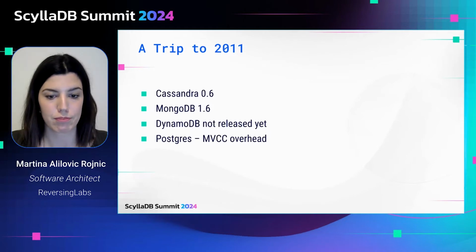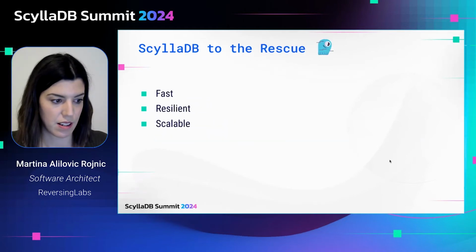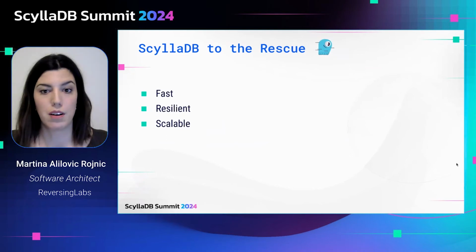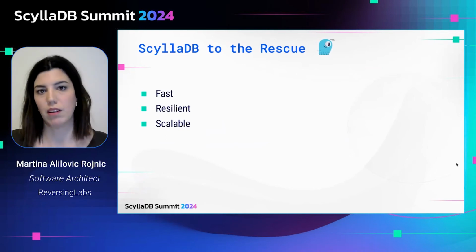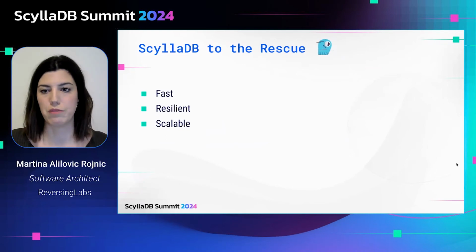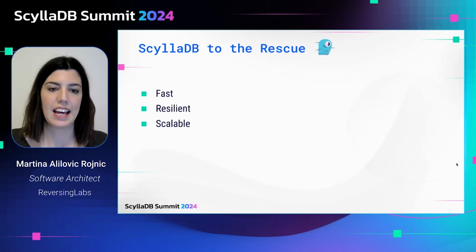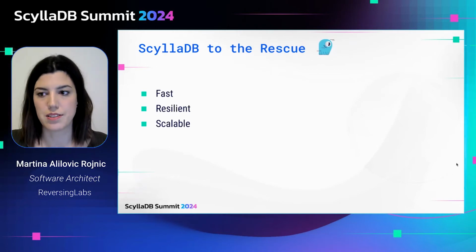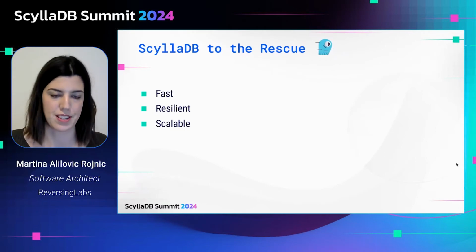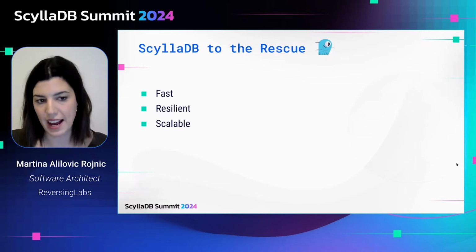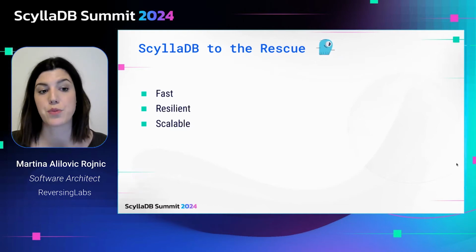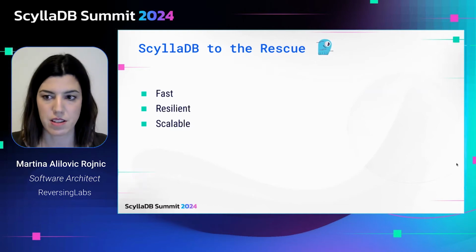So what we did then is lots of POCs, a vast search, and we found Scylla to be the most suitable replacement for our existing database. It was fast, it was resilient, and it was scalable enough for our use case.